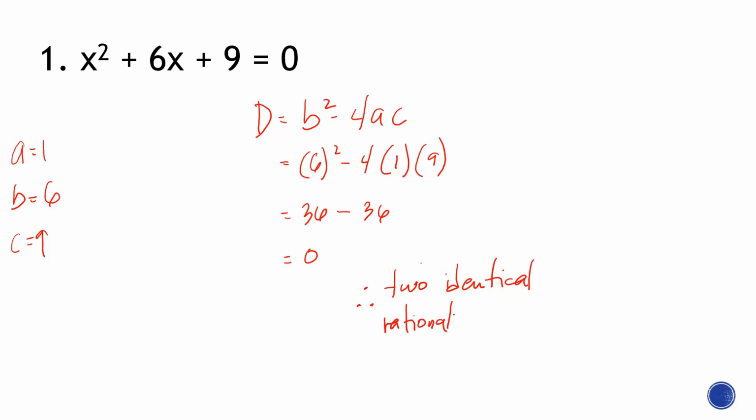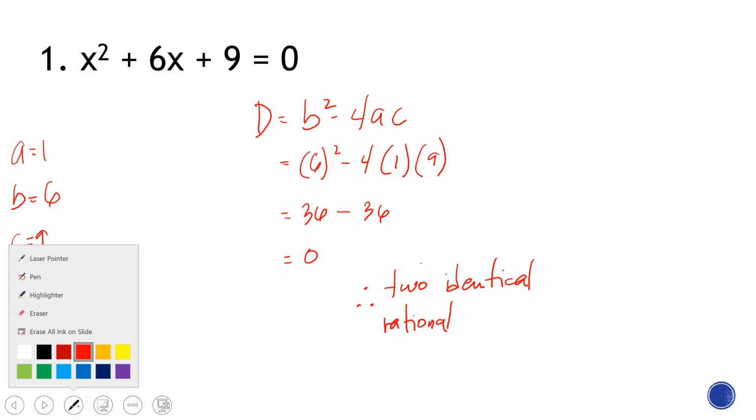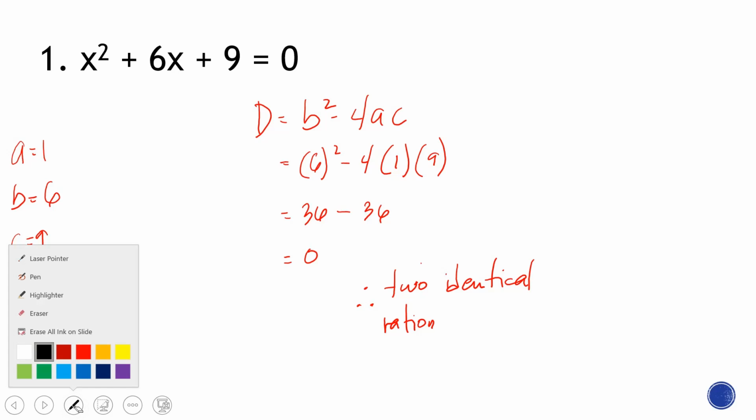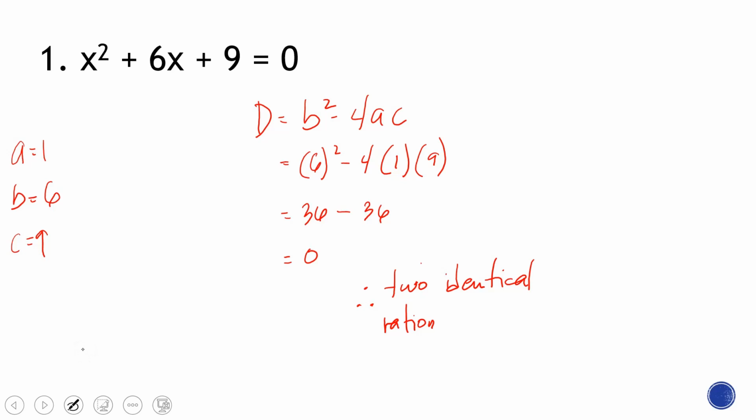Now, in other books, they will not say this. They will say the quadratic equation has 2 real roots, simple as that. Just to give you a better understanding of the kind of roots this quadratic equation has, they are identical. Okay, the same.